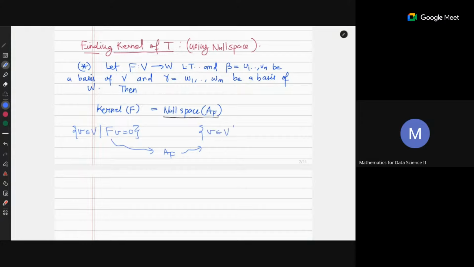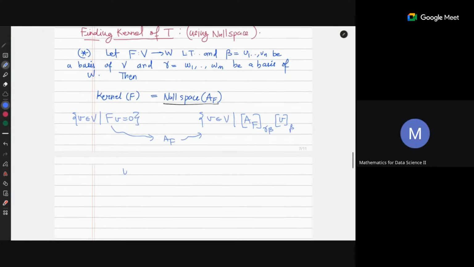So you take a vector V in V and have its coordinates with respect to the basis beta. What does this mean? It means simply that if V can be expressed as the sum of Ai Vi, then this is nothing but the column A1 up to An.